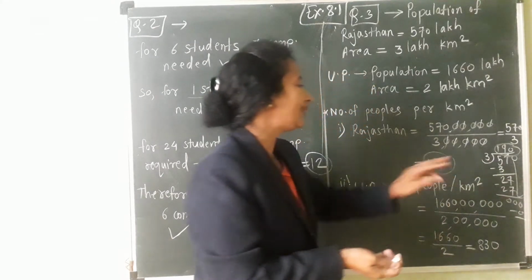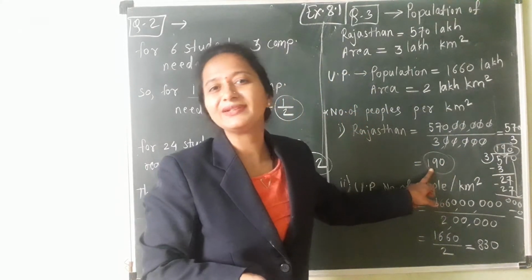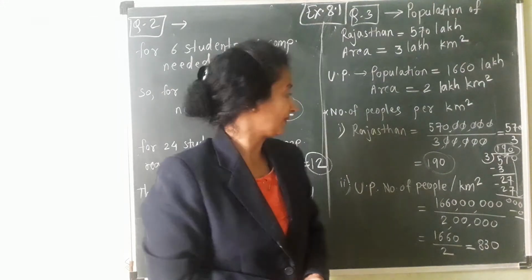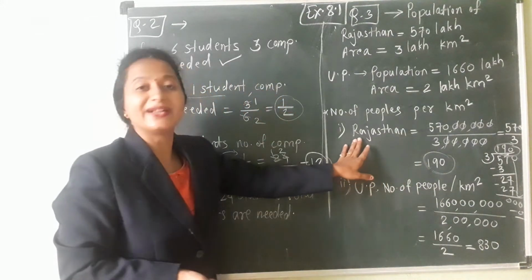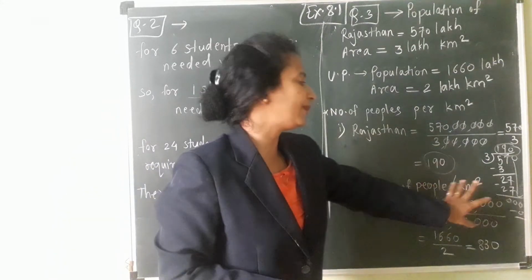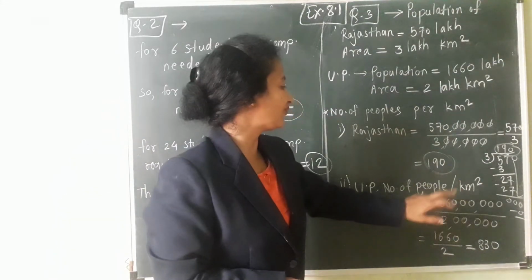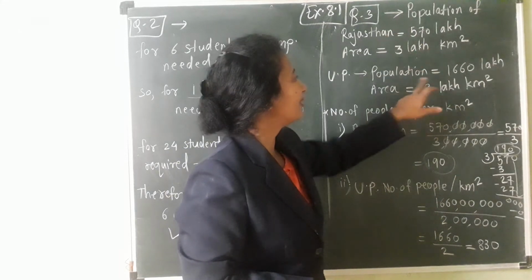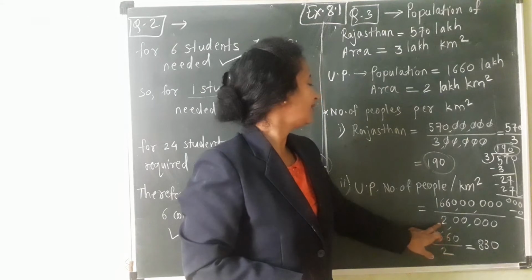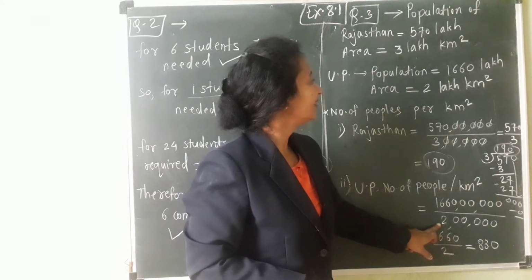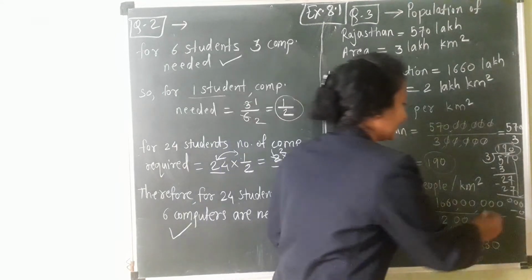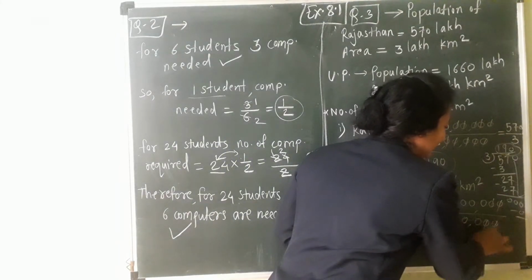That means a total of 190 people are staying per kilometer square area. This is about Rajasthan. Now we'll find for UP. For UP we have to find the number of people per kilometer square. So 1660 lakh people are staying in an area of 2 lakh kilometer square. Again we'll cut the zeros for easy calculation.